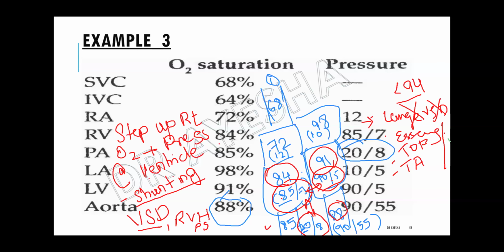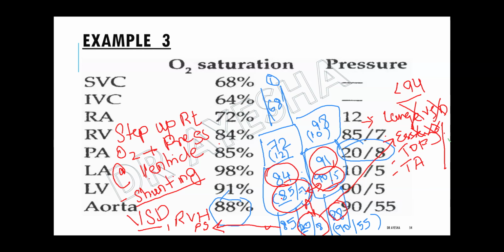If the pulmonary also has the same pressure as the right ventricle, then that would be Eisenmenger. If you have a difference, this is pulmonary stenosis. If it is the same, just like the right ventricle, it would be Eisenmenger. Because there is a difference, it rules out Eisenmenger as well.